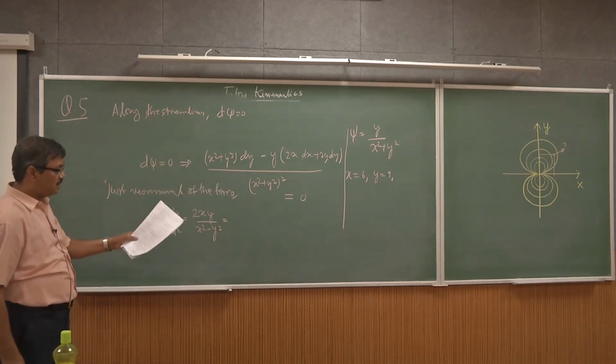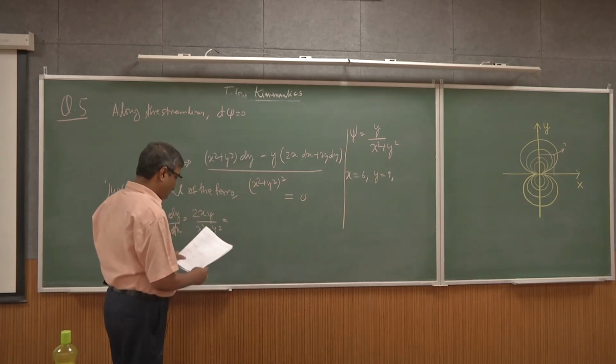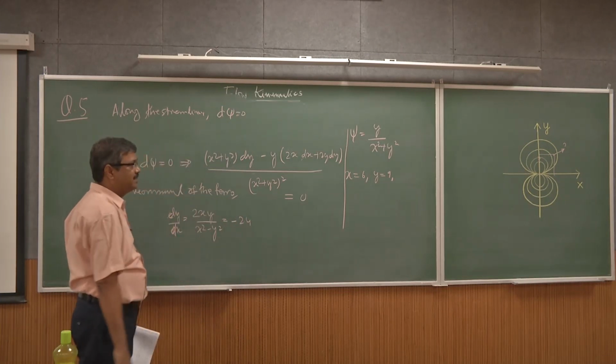Substituting the values of x and y, it comes to minus 2.4. So dy by dx is this.